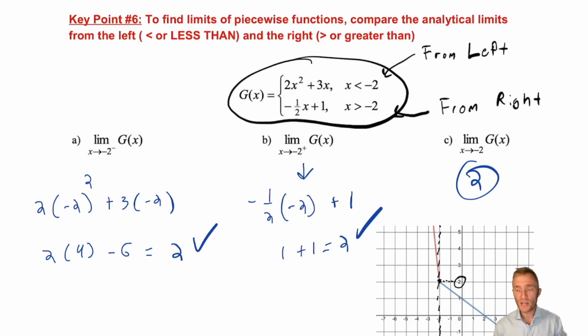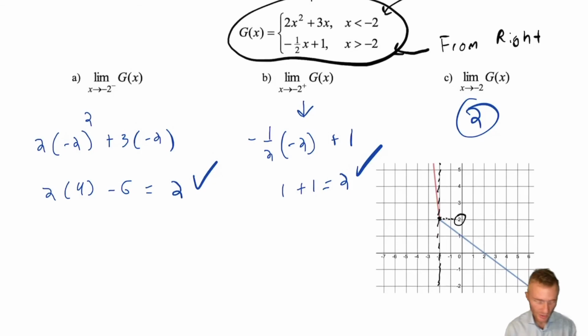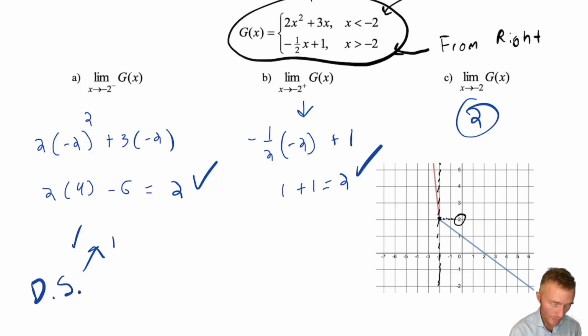So what I want to hit home today is a last key point: when we are analyzing limits, it's basically a flow chart, right? The flow chart begins, you always want to try direct substitution. If direct substitution works, then you're done. If you have a continuous function and you can plug in and you get an answer out, you're done.